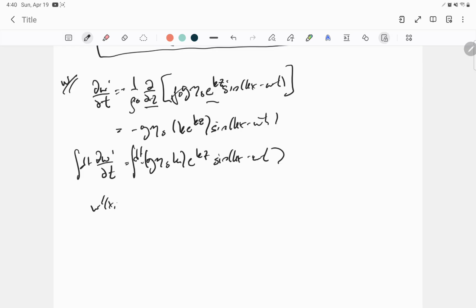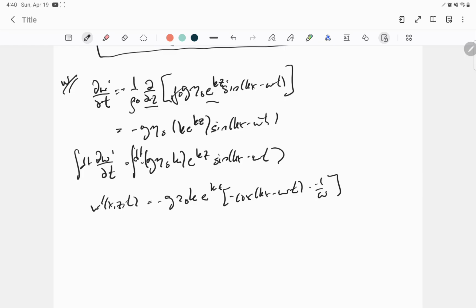And we get w prime of x, z, and t equals minus g eta naught k e to the kz. And then sine integrates to negative cosine. And then we again multiply by minus 1 over omega.